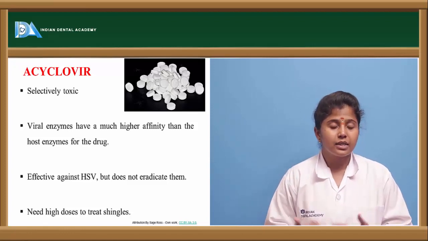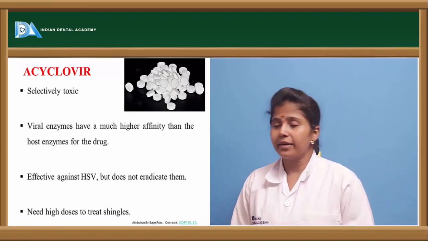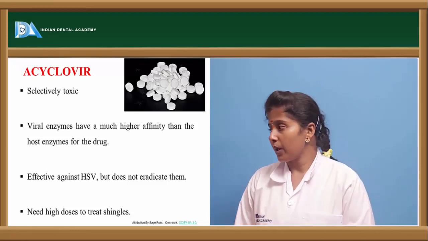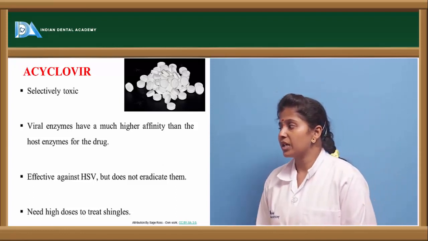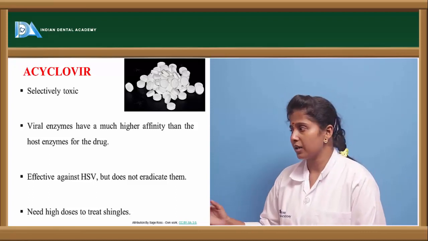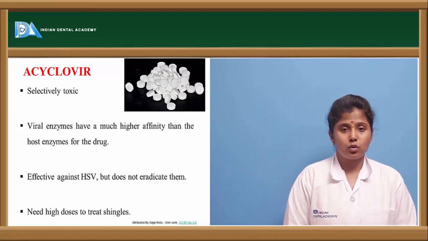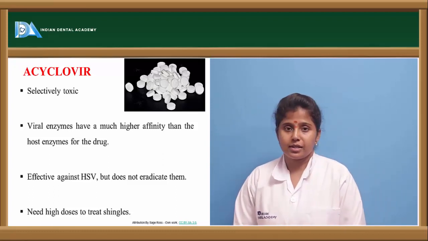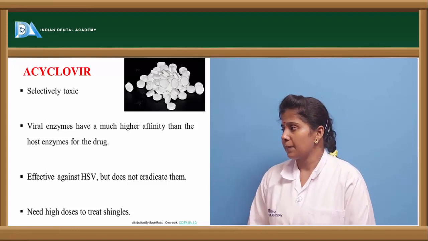Thereby this drug is not that toxic to the human body, and it is very effective against the HSV virus, that is the herpes simplex virus, but it does not eradicate them. It will not kill, it will only inhibit that virus, and it needs higher doses to treat shingles. So in this condition the drug should be given in higher doses.